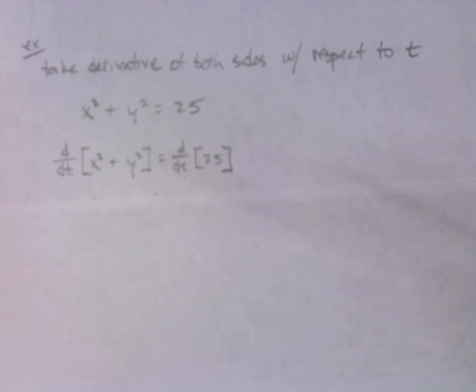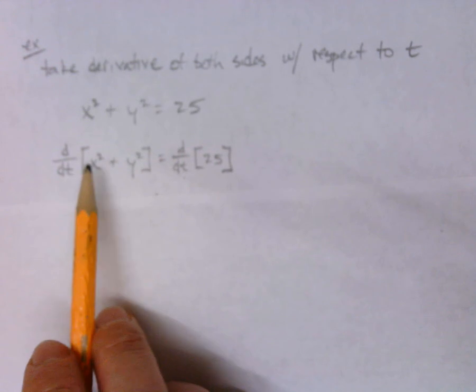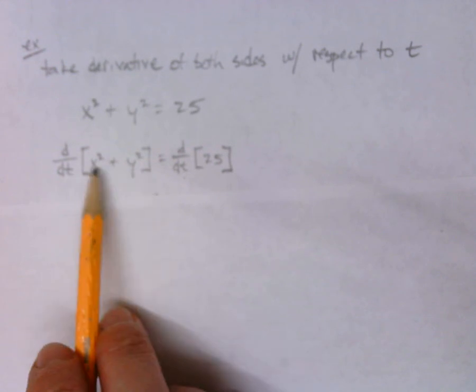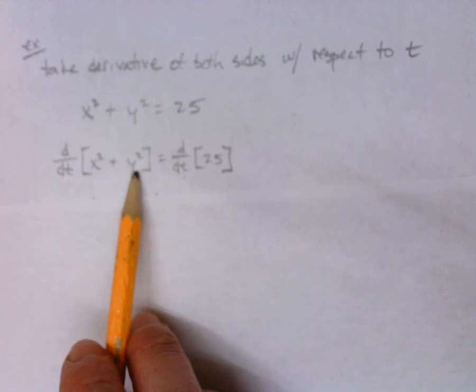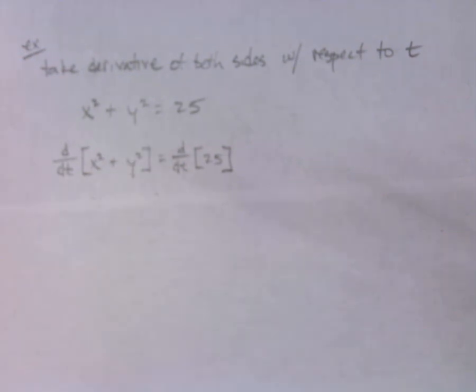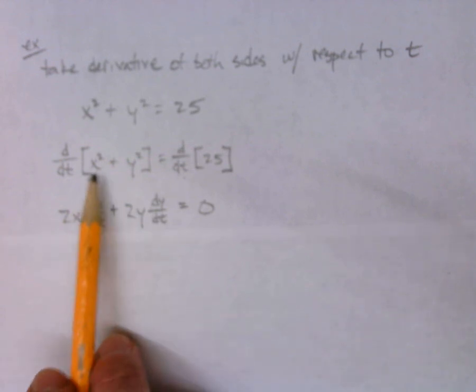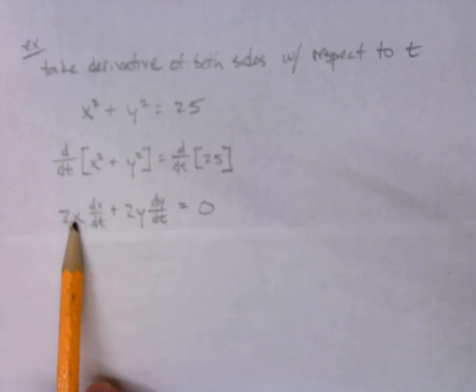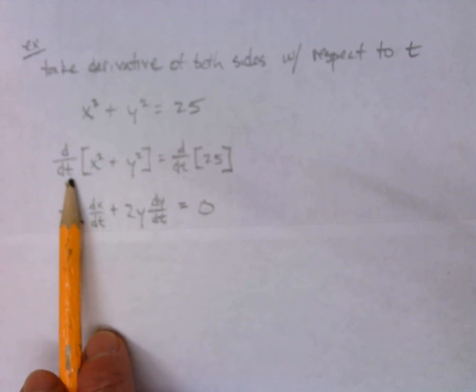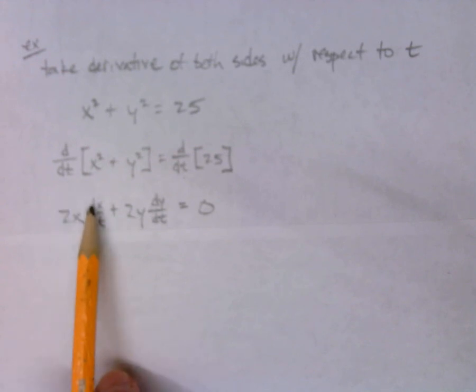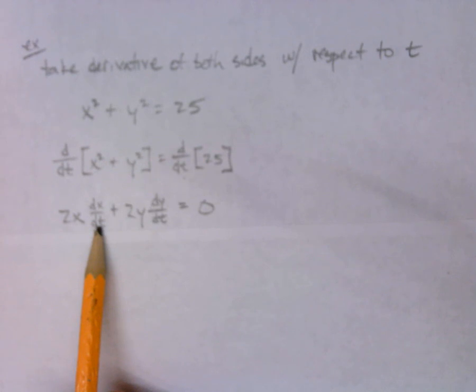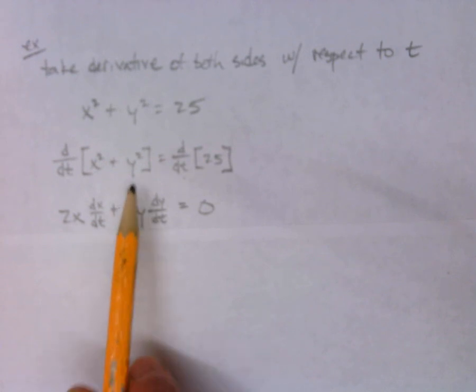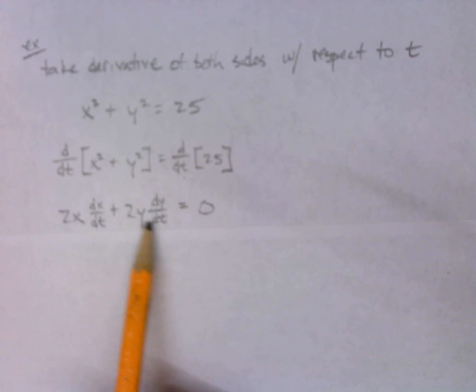Now we've taken it up one level further because neither of these are at t. So when I take the derivative of x, it's going to work in a similar way as the y. And here it is. The derivative of my x squared is 2x. But now because it's with respect to t, I have to multiply by dx over dt. And then the y is similar, but then I'll multiply that by dy over dt.